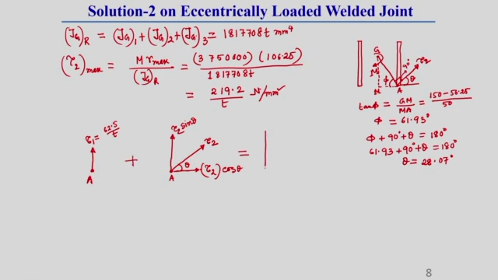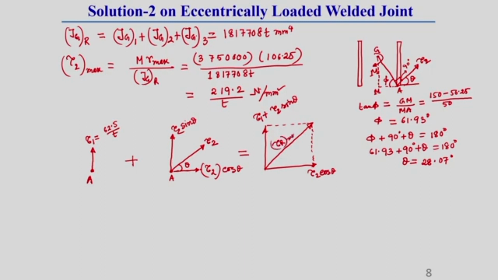By adding these we can easily find out the resultant component. There are two vertical components of shear stress, one is tau 1 and another is tau 2 sin theta, and in the horizontal direction there is only tau 2 cos theta. By these two components we can find the resultant shear stress at point A, that means the maximum resultant shear stress, tau r.